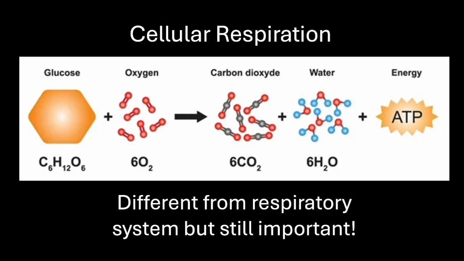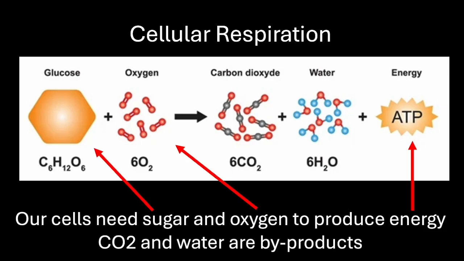Okay, so talking a little bit about cellular respiration, just the process of converting glucose and oxygen to essentially energy. And this is different from the respiratory system, but still really important. So our cells need sugar and oxygen in order to produce energy as well as CO2 and water.